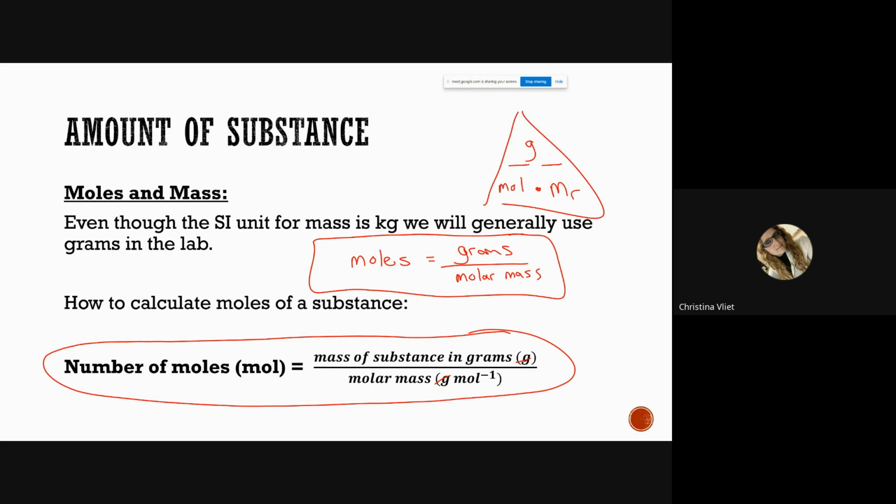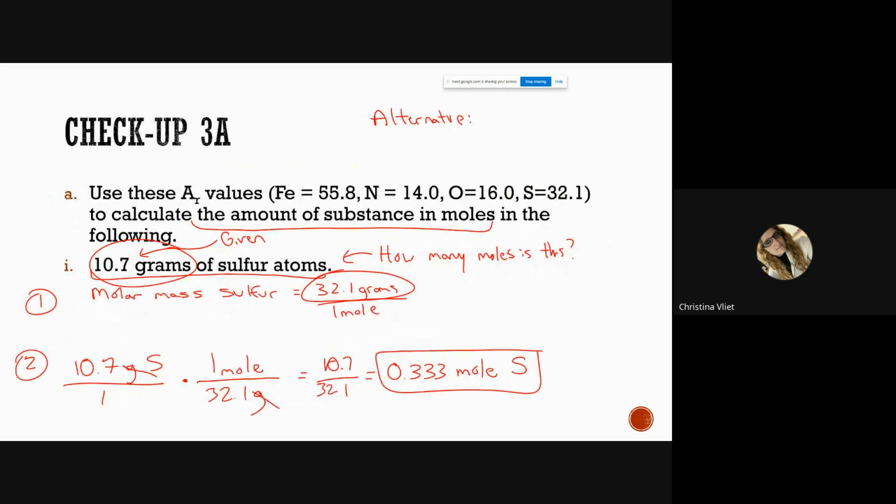Right? That's what this says. So the alternative method is just use the formula. Moles equals grams over MR. Grams is 10.7. MR is 32.1. And that is 0.333. It's exactly the same technique, just shown a different way.